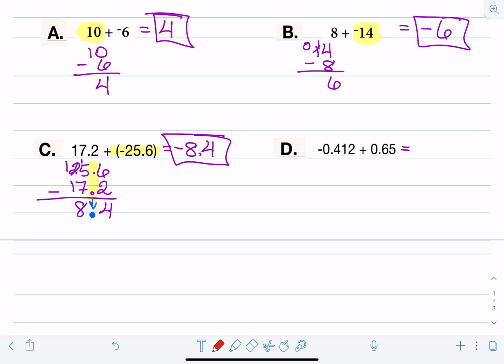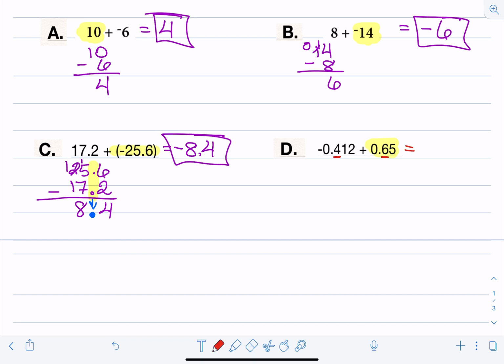So we have 0 point, 0 point, so they both have zeros. The next number is a 4 for the first one, and the next number is a 6 for the second one. 6 is bigger than 4, so that means 0.65 is the bigger number. The bigger number is positive, so our answer is going to be positive.